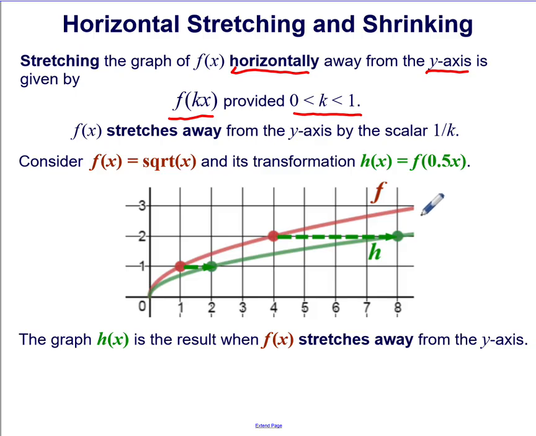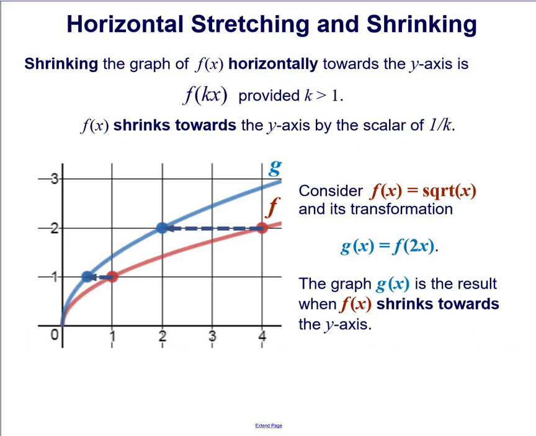And when we multiply x by 0.5, notice that it's stretching horizontally away from the y-axis. So from the perspective of the y-axis, the graph of f is closer to the y-axis, the graph of h is further away.